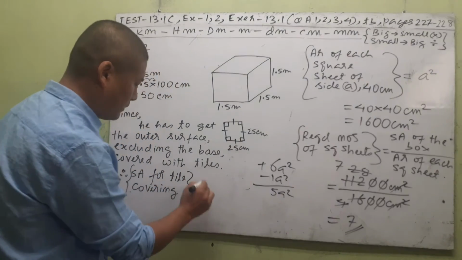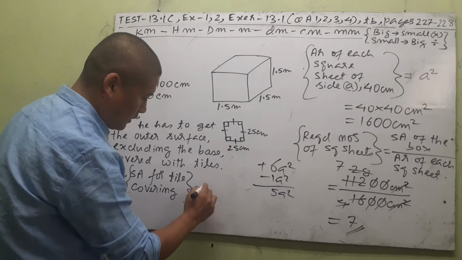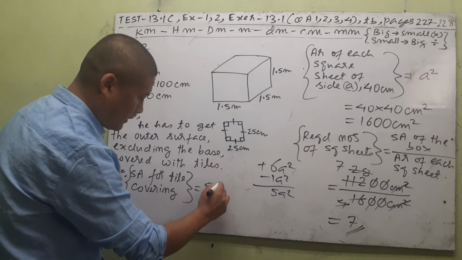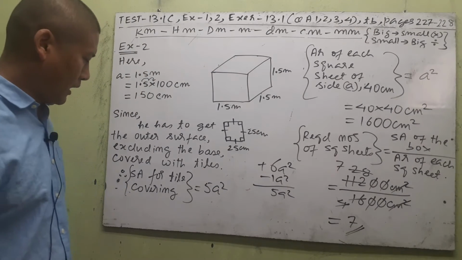So excluding base means minus 1a square, because the area of the base is 1a square, so 5a square is the area over which we're going to put the tiles.